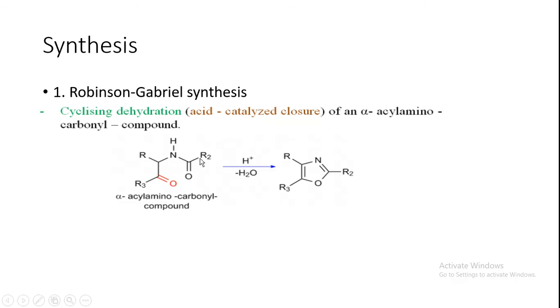In the alpha position there is a carbonyl group, C double bond O. With H plus, there is protonation in the acid-catalyzed reaction, water comes out, and it gives oxazole.